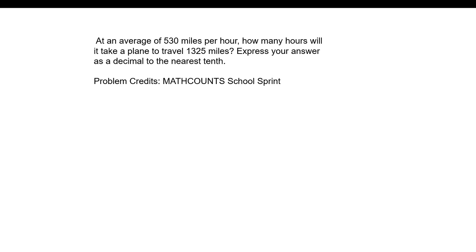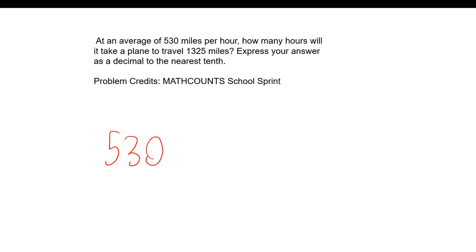So we already have our average speed. Our average speed is 530 miles per hour. Now we're asked how many hours will it take a plane to travel 1,325 miles? We're looking for the time.